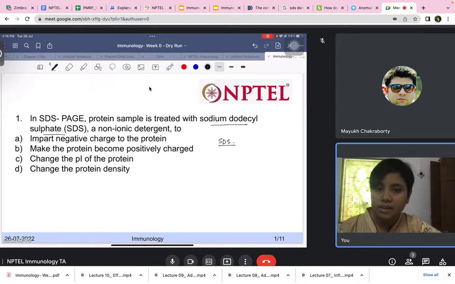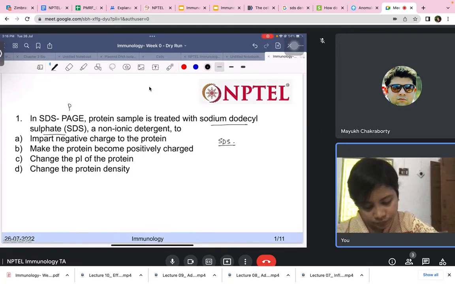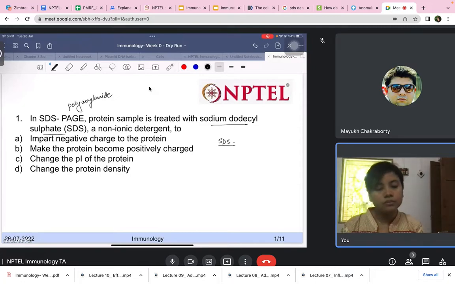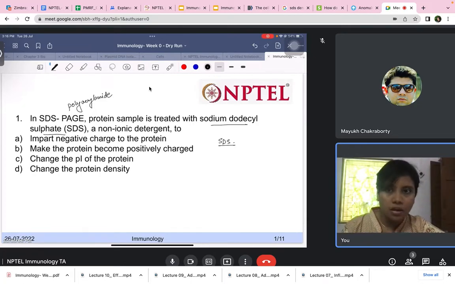So when they are run in this polyacrylamide gel, what is the basis of their separation? What is the basis of separation of different protein samples in the polyacrylamide gel?